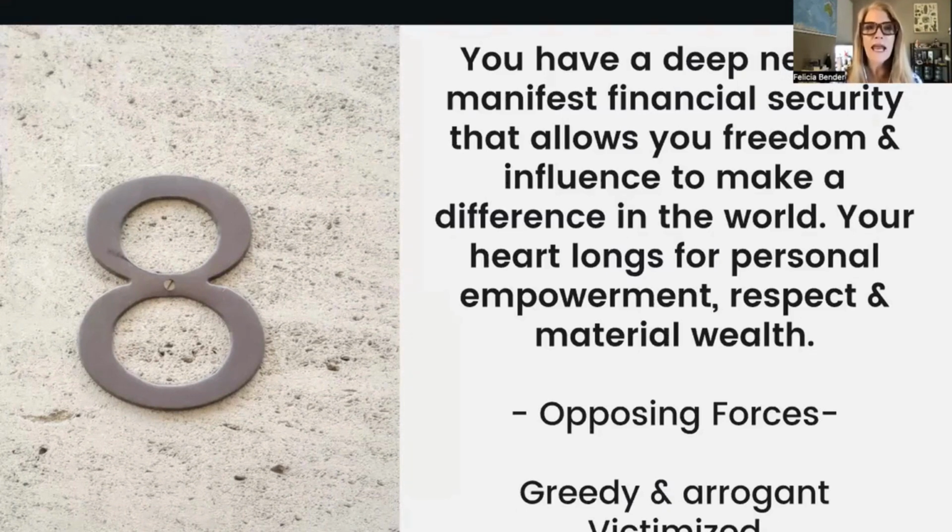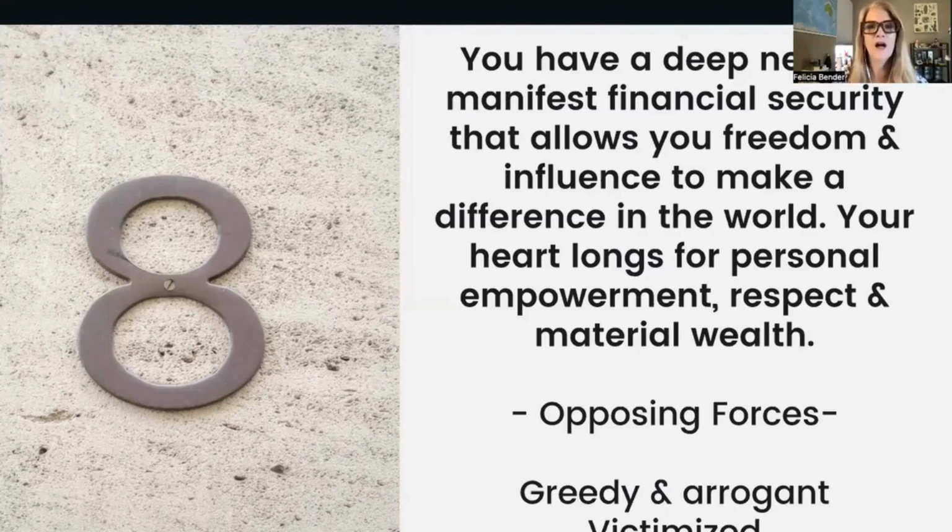So if you have an 8 in this position in your chart, that is maybe something that would be surprising to you if your other numbers are more, like if you have a 7 life path, which is more spiritually activated in terms of wants and needs having to do with that internal contemplation. Well, if your soul urge is an 8, you're going to have to bridge heaven and earth with that, right?